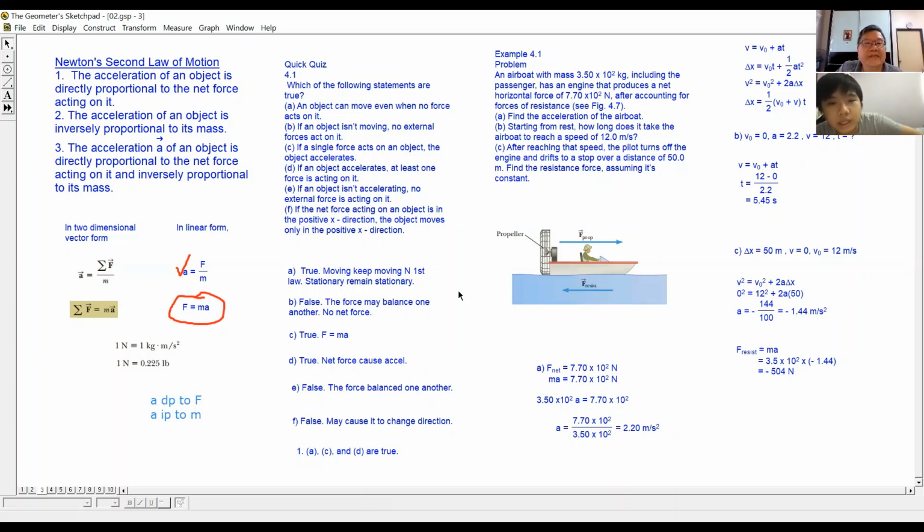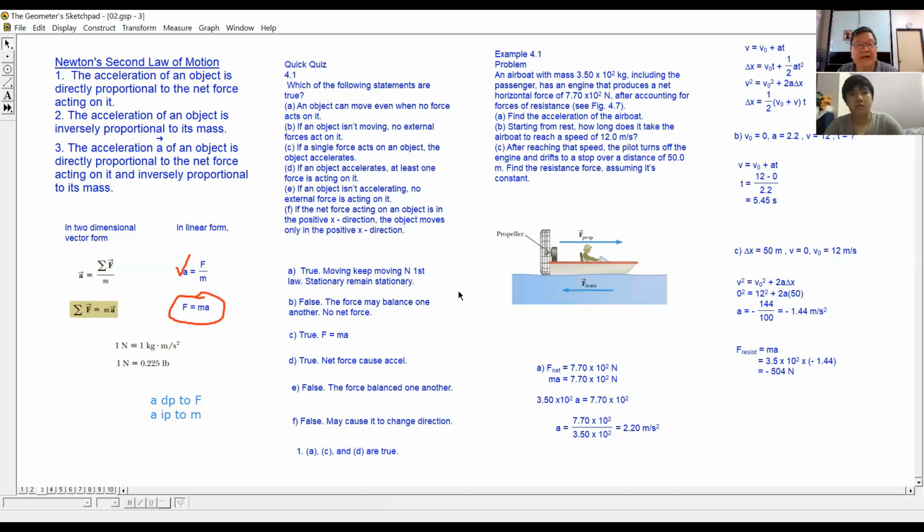You read E. If an object isn't accelerating, no external force is acting on it. This one is not true. If it is not accelerating, there may be forces acting on it. The forces just balance one another. So when these forces balance one another, there is no net force. That's why it isn't accelerating, right?